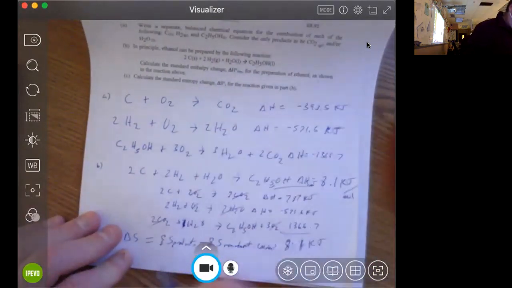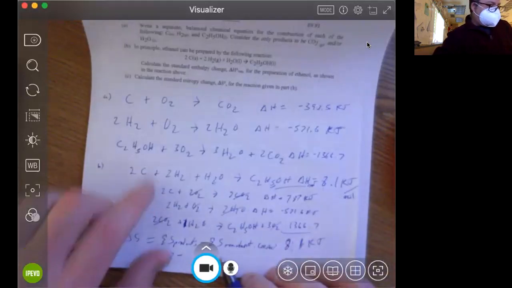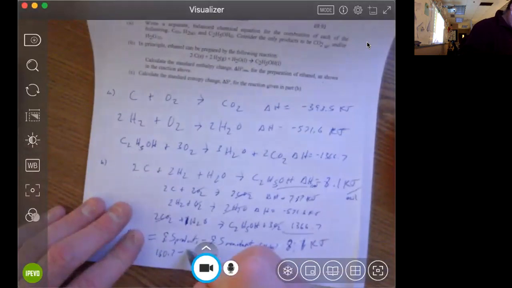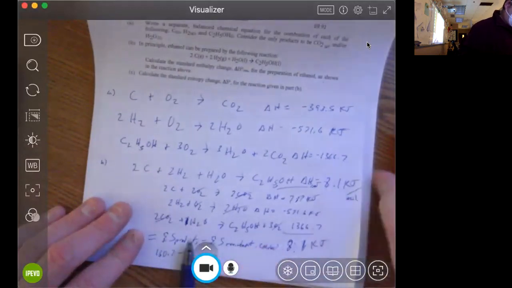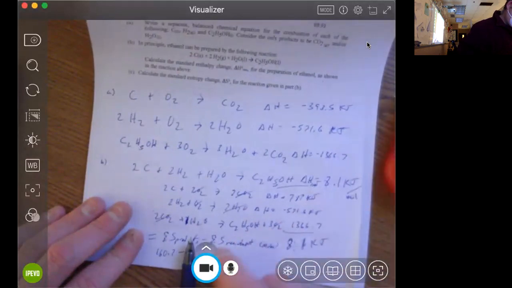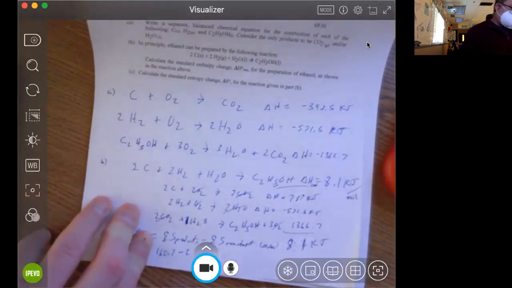So our entropy for that is 160.7. We have 2 moles of the carbon, so we have 2 times 5.740. The answer is 11.48.